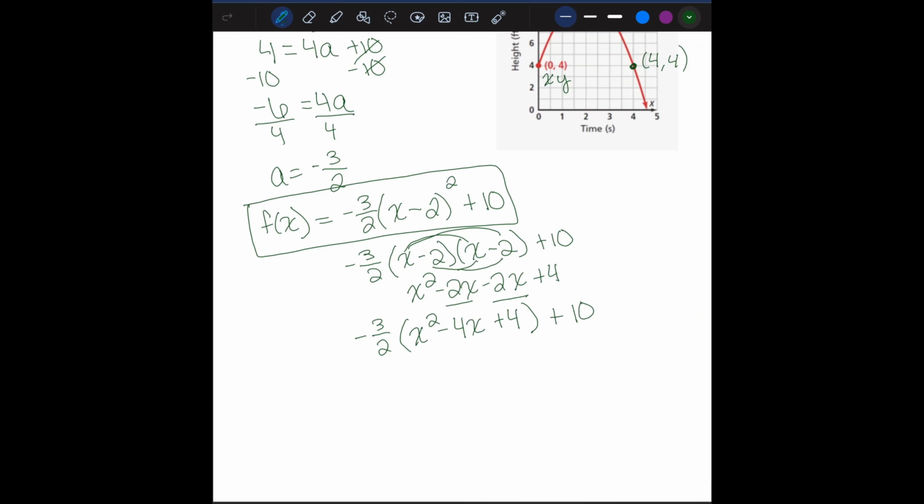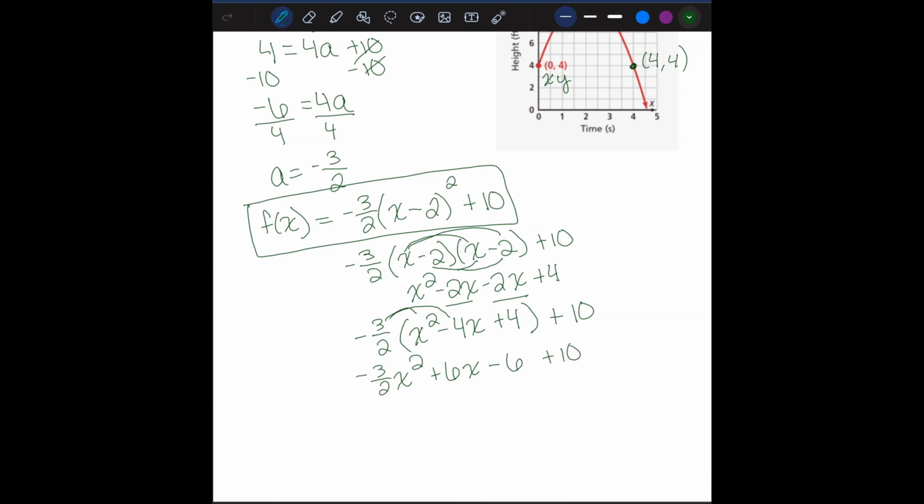And then I still have that plus 10 there at the back. So I distribute negative 3 halves. That gives me negative 3 halves x squared. Negative 3 halves times negative 4 would be a positive 6x. And then we have negative 3 halves times positive 4 would be a negative 6.